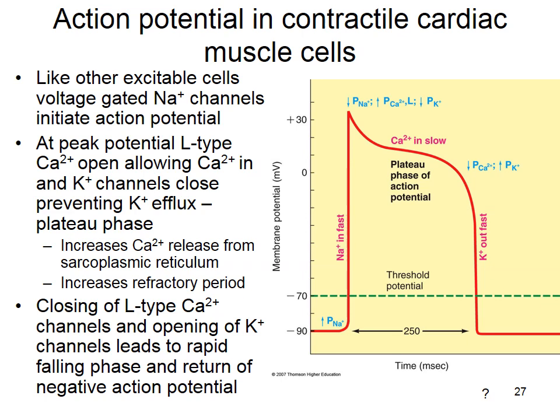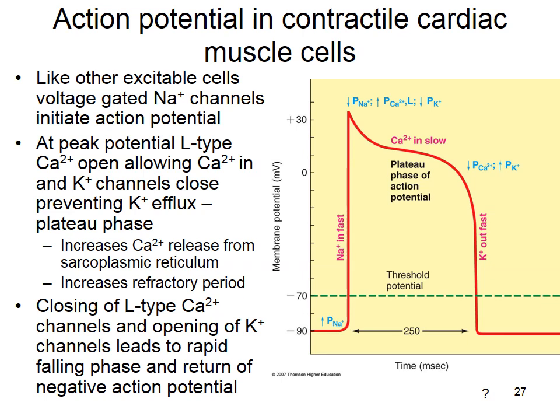Cardiac contractile muscle cells also fire different action potentials than skeletal muscles. So we have our neuron and skeletal muscle action potential up on the board.